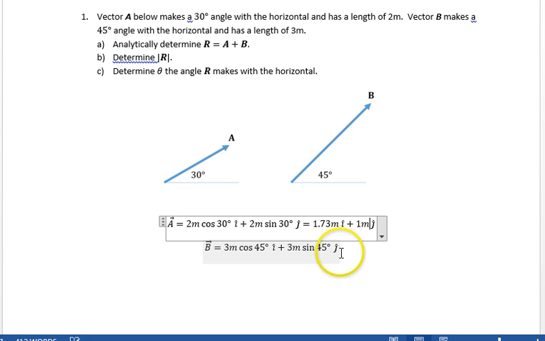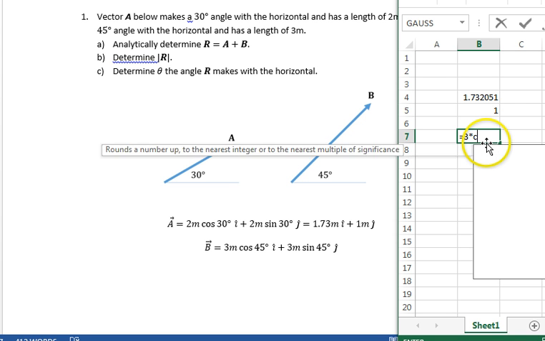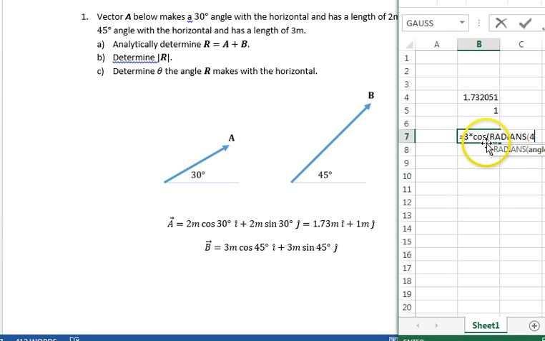Okay. And then in B, this is 3 times the cosine radians of 45, 2.12. And the other should be the same because cosine and sine of 45 degrees are equal. 3 times the sine, radians, 45, 2.12.